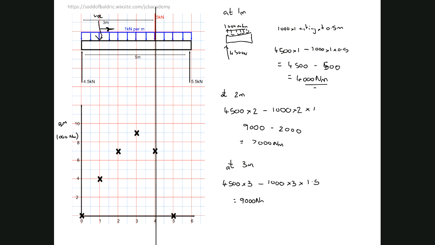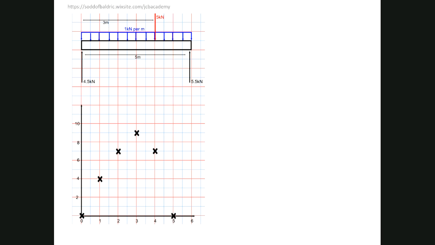Okay, at 4 meters, this is where we start getting slightly tricky. So at 4 meters, I've now got 2 forces to worry about. So I'm going to redraw that one. So let's clear this stuff. Let's put my line back in. So my line is coming in at 4 meters.